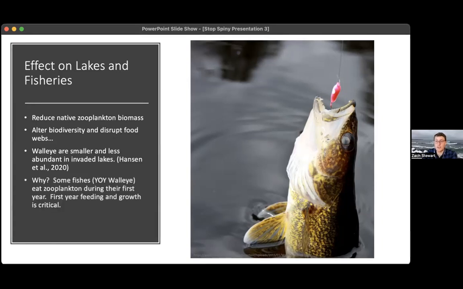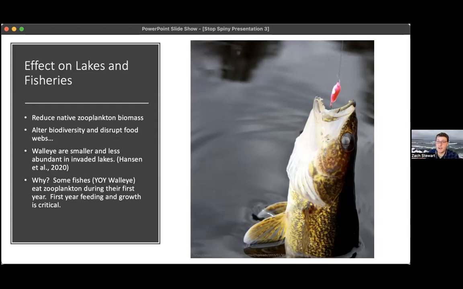Why is that? We'll get into that in a little more detail momentarily, but in short, some fishes, especially the young of the year walleye, or the less than 1 year old walleye, eat a lot of zooplankton during their first year of life. We think of walleye as maybe eating other fish primarily, but when they're very young, they eat a lot of plankton.